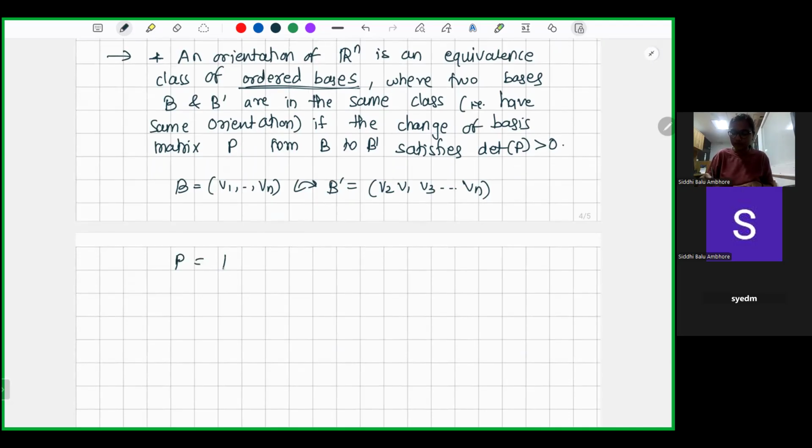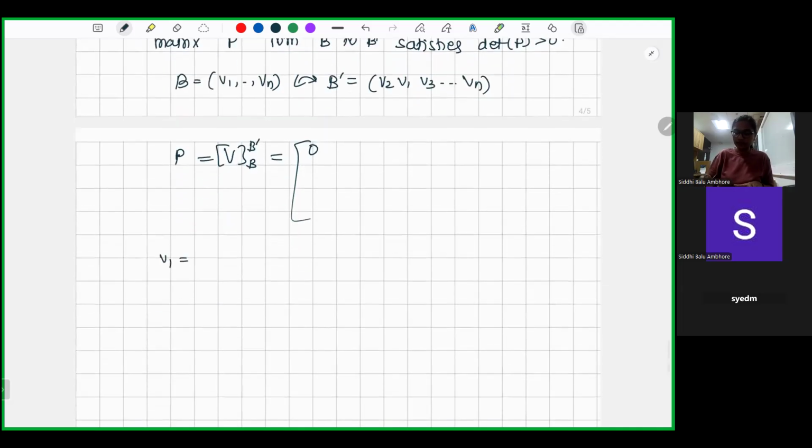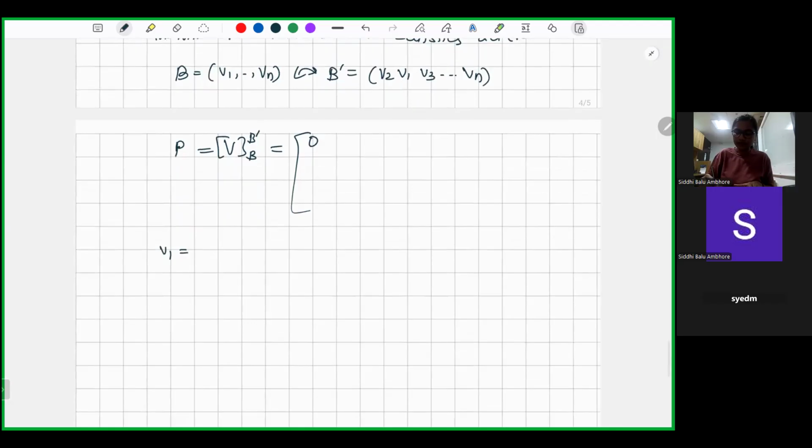Corresponding to V1, V1 is 0 V2 plus 1 V1, 0 V3, and so on.